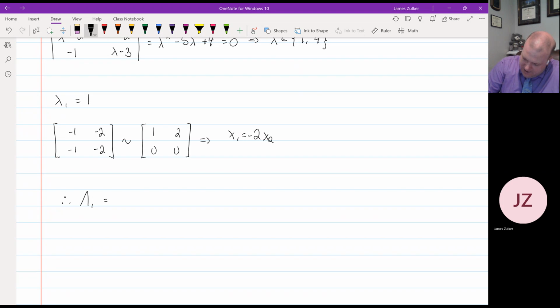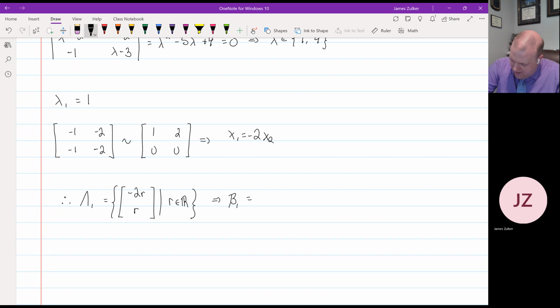So we have as our eigenspace the set of all vectors of the form negative 2r, r, such that r is any real number. Which means that a basis would be negative 2, 1.